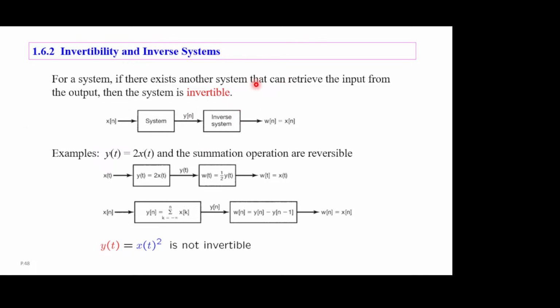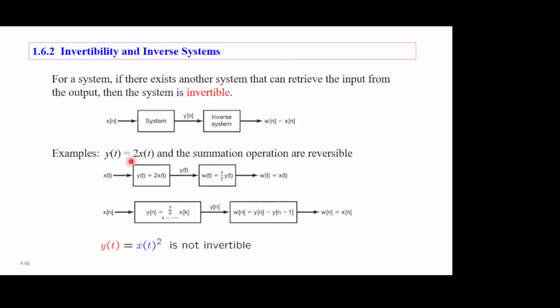If you think it is invertible, then you need to find the inverse system and do some calculation to show that whatever your input is, running it through the system and then through the inverse system will get you back the input. And if you want to say it's non-invertible, then you need to find some input that gives some output that cannot be inverted.